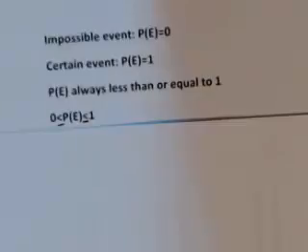So if you do an experiment and you're ending up with a probability greater than 1, then you're doing something wrong. So you know to go back and check your math.